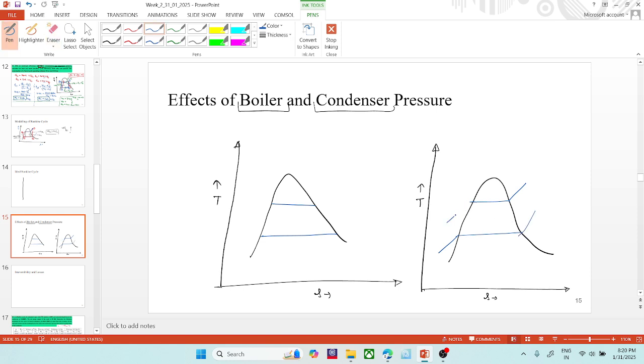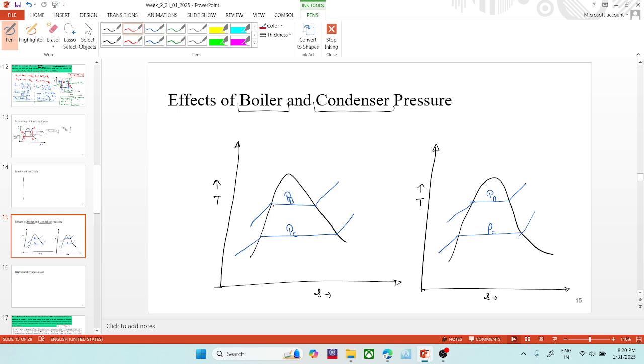It would be something like this. Okay. So first we will see, this is the boiler pressure. This is the condenser pressure, boiler pressure and the condenser pressure.